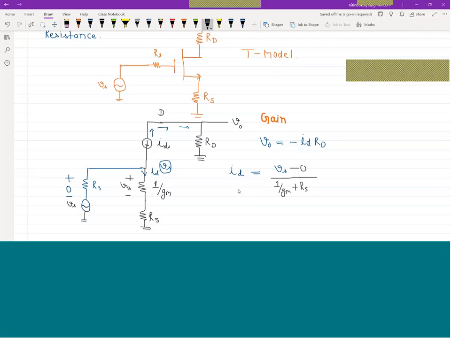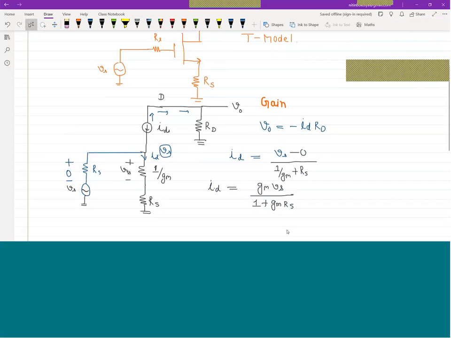So I can say ID can be written as Gm into Vs divided by 1 plus Gm into Rs.